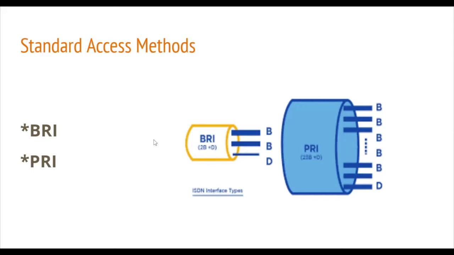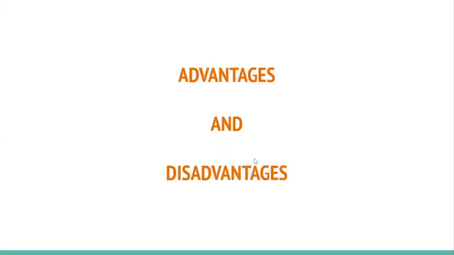The next point is the advantages. First, easy installation and configuration of the ISDN adapter. Second, higher access speed using the channels separately at 64 kilobits per second or jointly at 128 kilobits per second.